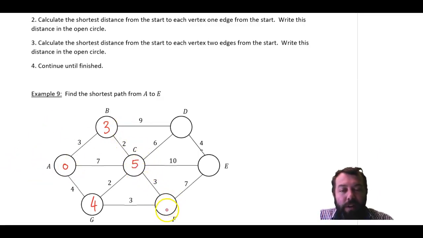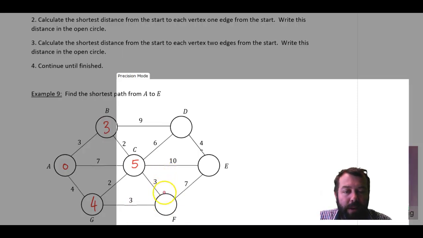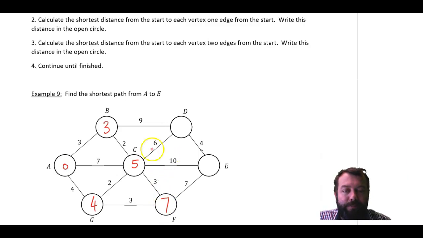Now let's look at everything that's a minimum of 2 steps away from A. So I could go this way to F. In fact, to get to F, I'm going to come from C or from G. It's 5 from C and then 3, or 4 from G and 3. So the shortest distance from A to F is 7.